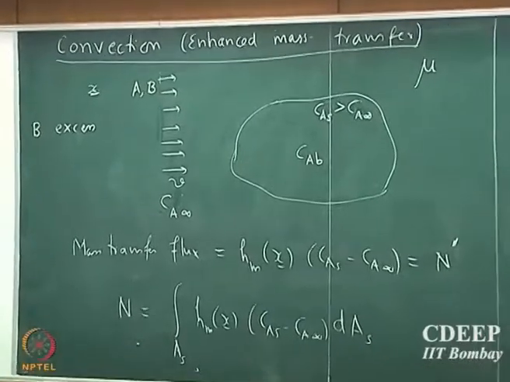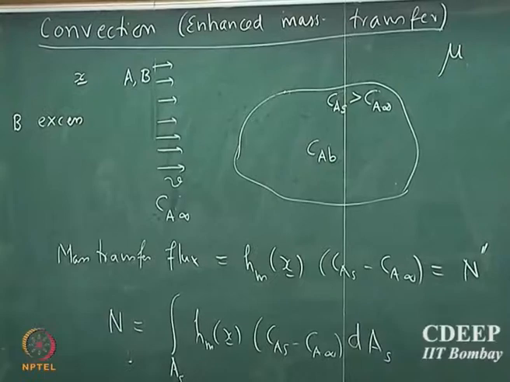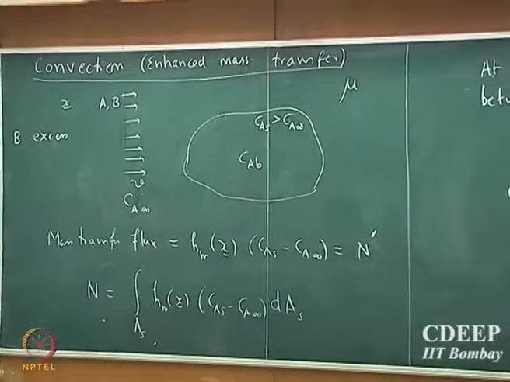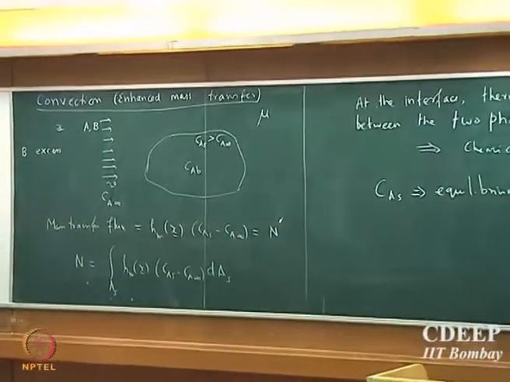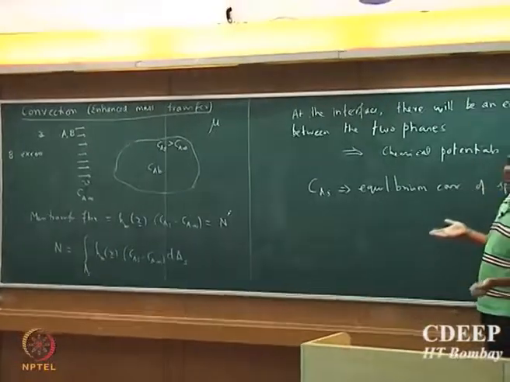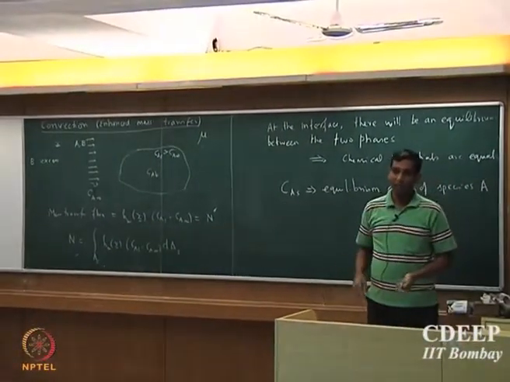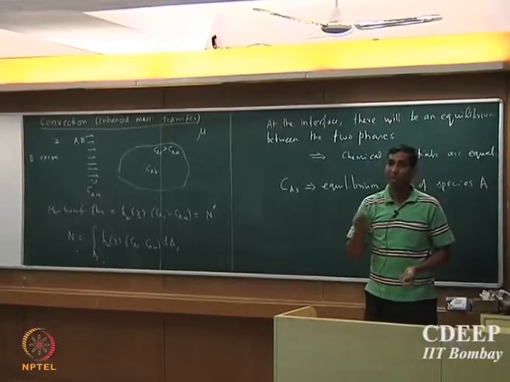That's what the interface concentration is. So it is in principle a measurable quantity. If you know the bulk concentrations of the two phases, and if one can find out the chemical potential, we know the relationship from thermodynamics, and we should be able to find the interface concentration. So it is in principle measurable, but not a direct measurable property.